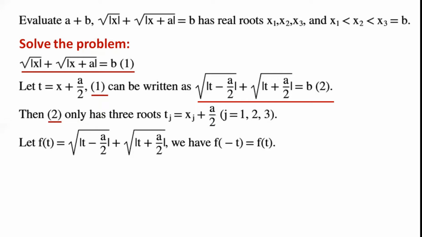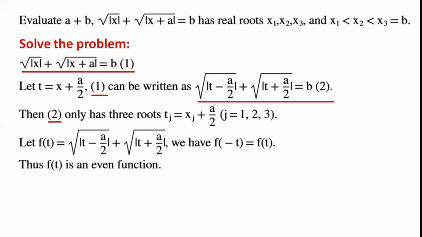Let f of t equal root of modulus of t minus a over 2 plus root of modulus of t plus a over 2. We have f of minus t equals f of t.